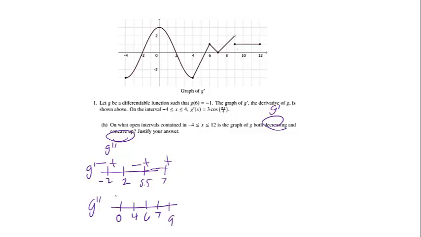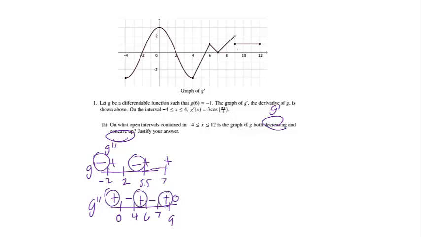So this is going to be positive slopes, then negative, then positive slopes, then negative, then positive slopes, then zeroed out. Okay, so if I'm looking for where I'm decreasing and concave up, decreasing would be where g prime is negative, and concave up would be where g double prime is positive.